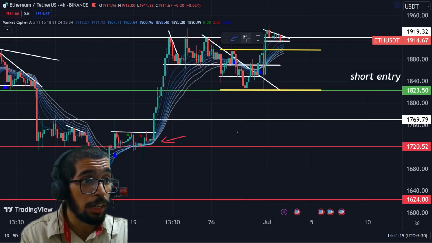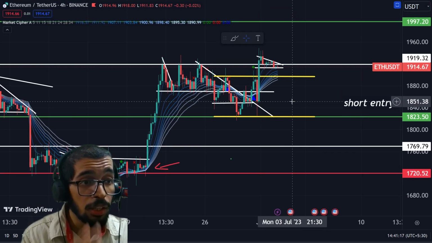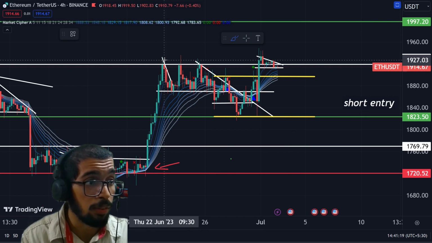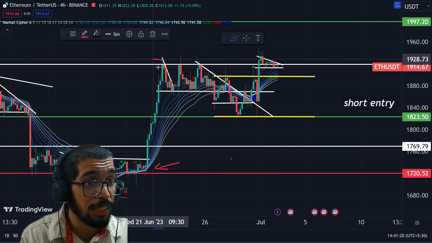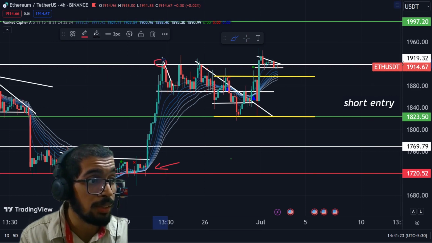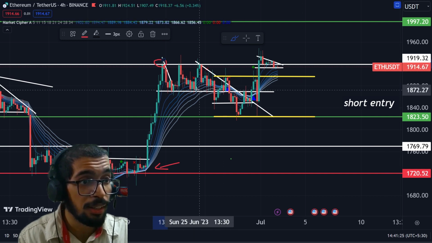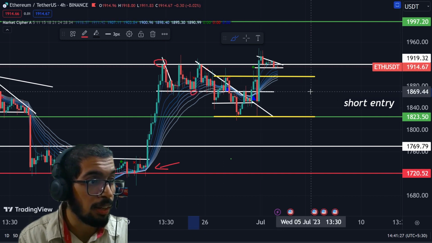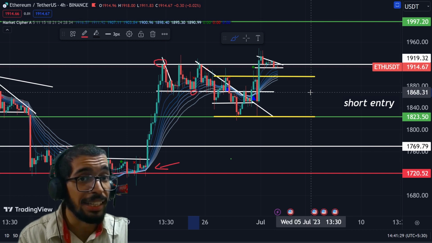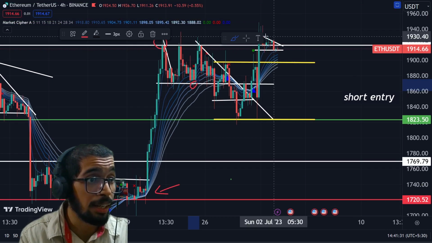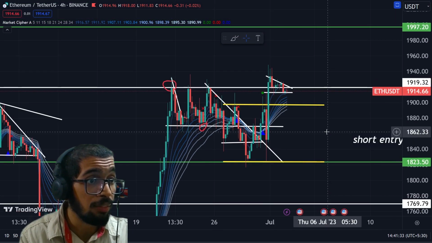Right now on the Ethereum chart, it was ranging from around $1,919 to around here, about $1,868. What we are seeing now are the pumps.